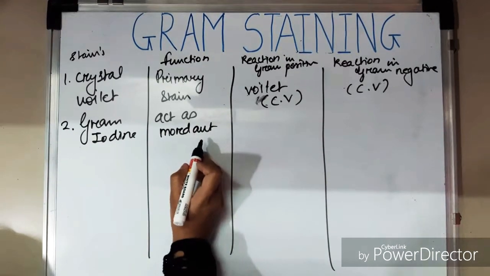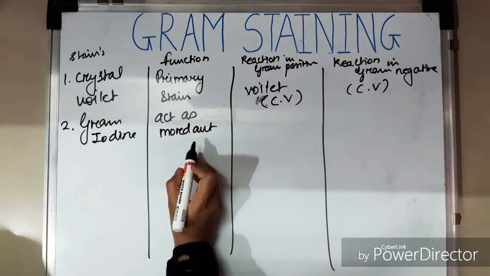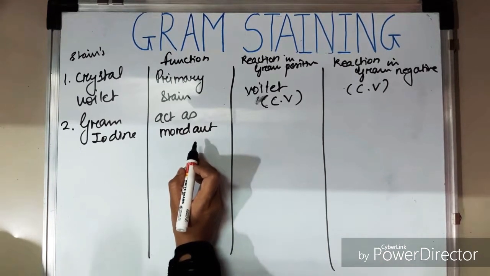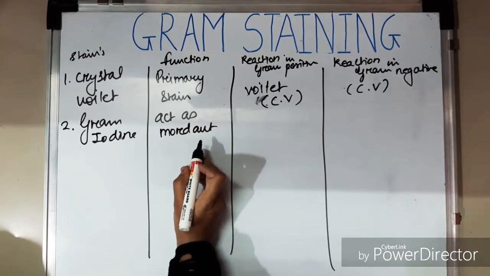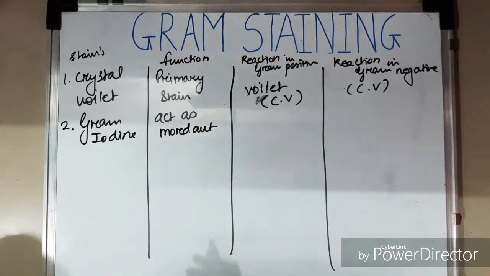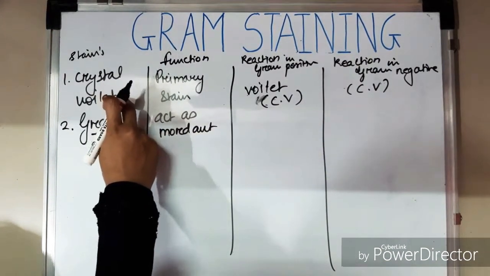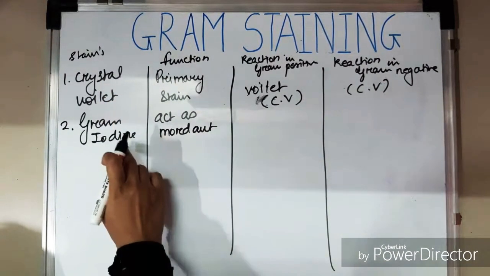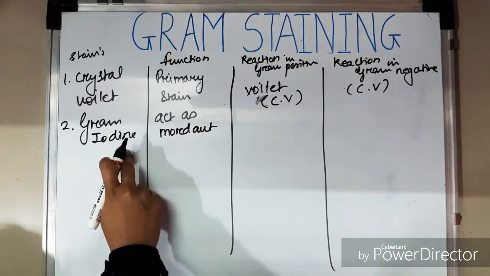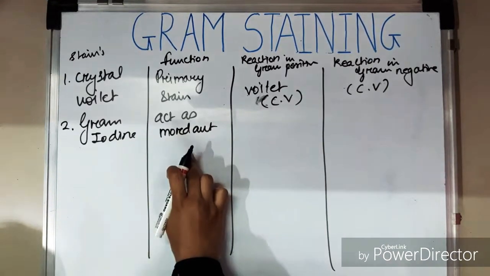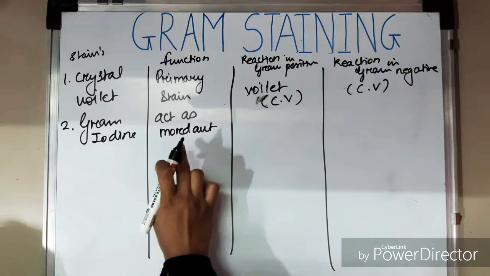Mordant is a substance which forms insoluble complexes and which is responsible for depositing the stain on the cell. Means if we used crystal violet to stain a bacteria, then if we added gram's iodine after discarding the crystal violet, it fixes the stain in the bacterial cell.